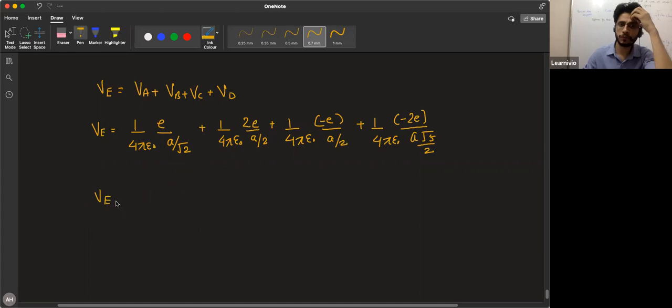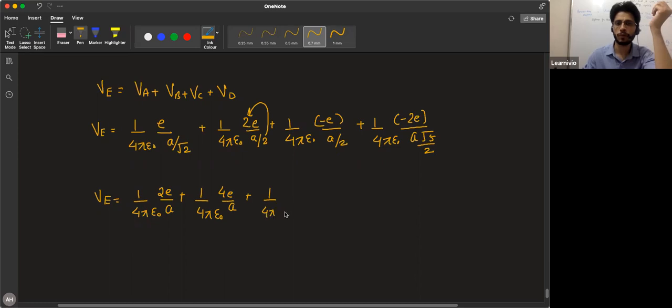So you can write that VE is 1 over 4 pi epsilon naught, 2E divided by A. Similarly, this A will go to numerator, and this is 1 over 4 pi epsilon naught, 4E divided by A. This 2 will go to numerator and you will get 1 over 4 pi epsilon naught, minus 2E by A. This 2 will again go to numerator and you will get 1 over 4 pi epsilon naught, minus 4E by root 5.